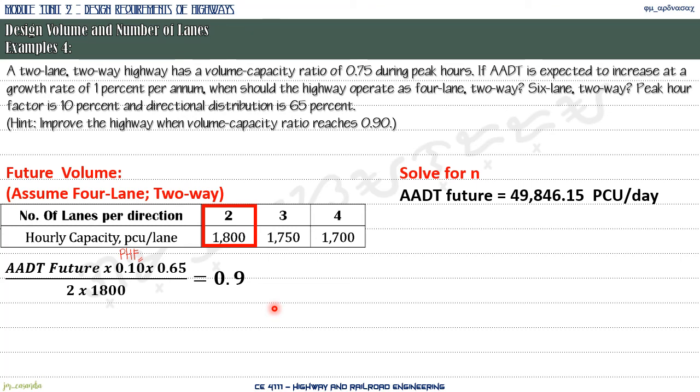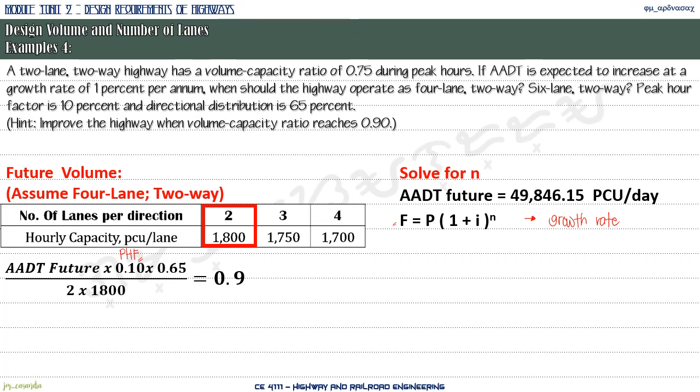So once we have solved for your future AADT and we have solved for your present AADT, we can now apply this equation, F equal to P times (1 plus i) raised to n, which is simply an equation for growth rate. Okay, so this equation will be familiar to you when you are computing for interest or money interest. So this is the same concept with our growth rate.